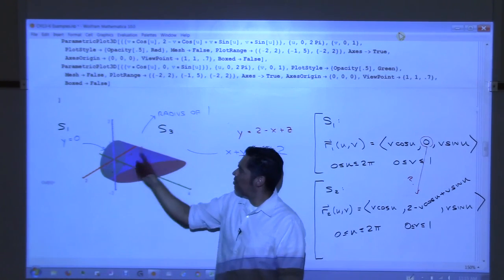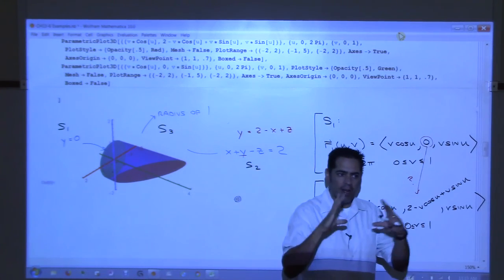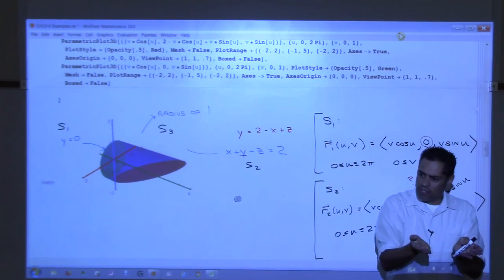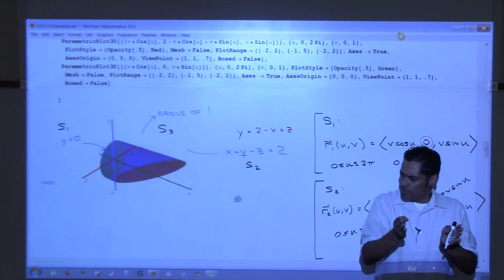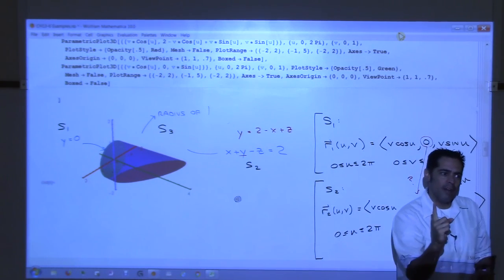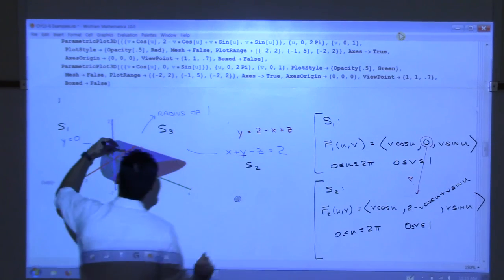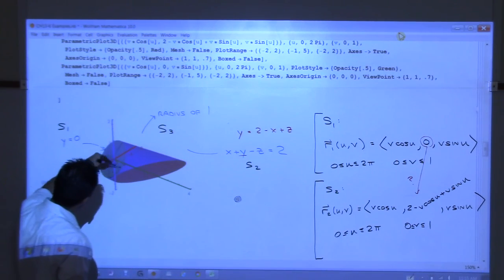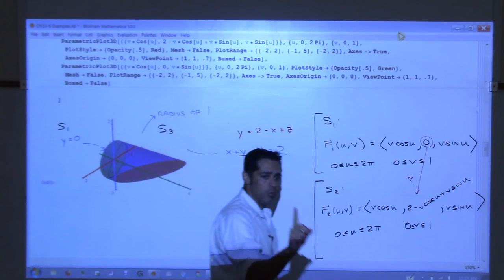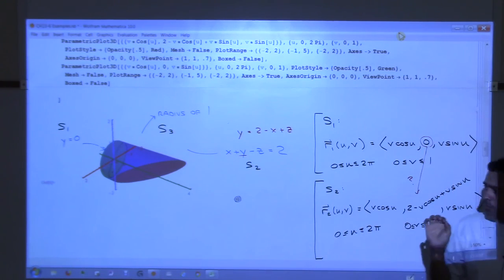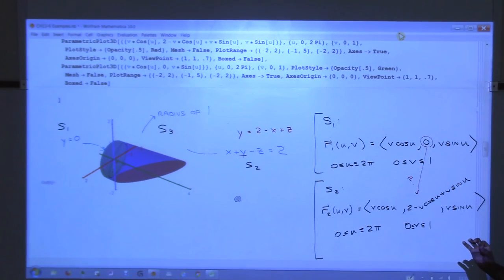But with S3, you don't have a varying radius. It's just the outer shell of the cylinder. Understand? So we only need one variable to draw the outer ring, because the outer ring of this thing is a circle with radius 1, which I can draw with relative ease. Yeah? Because I don't have to make it go in and out, yes?